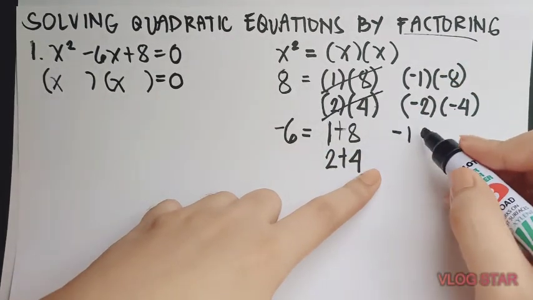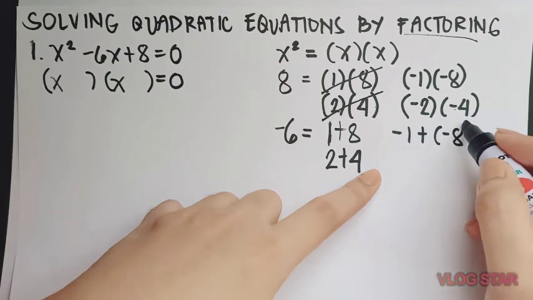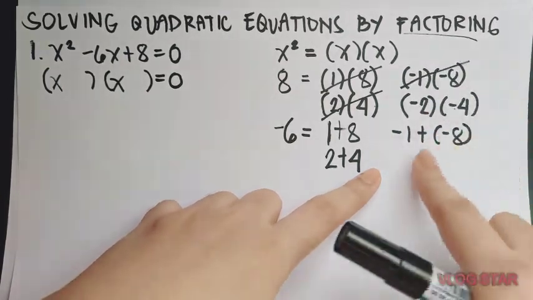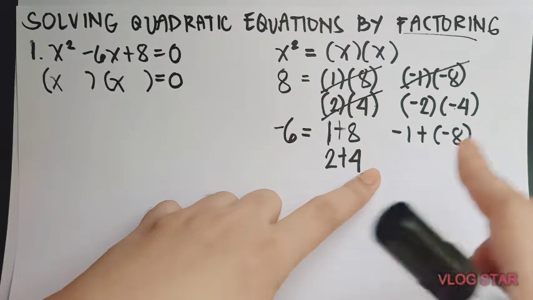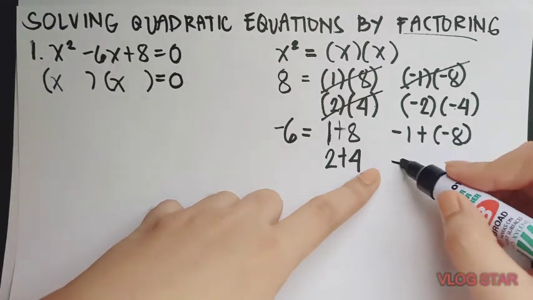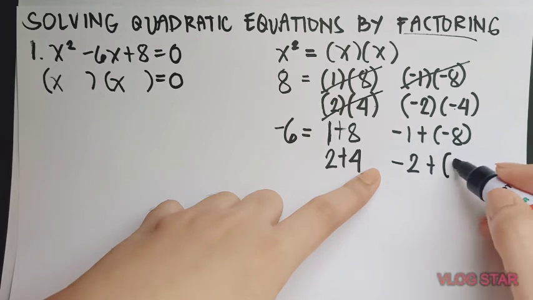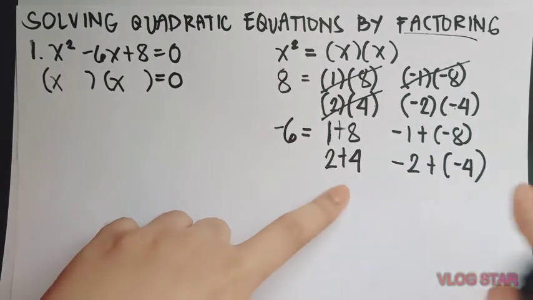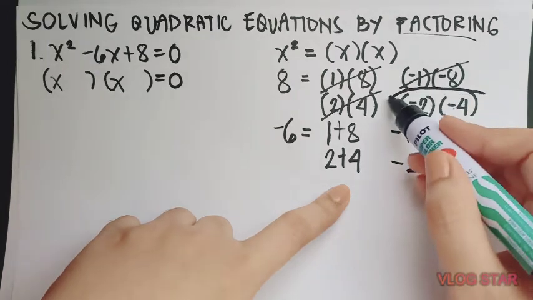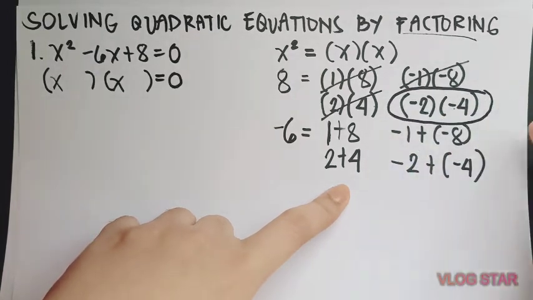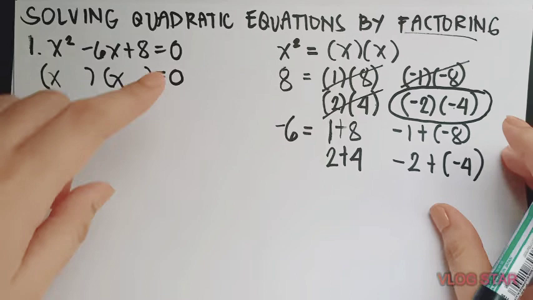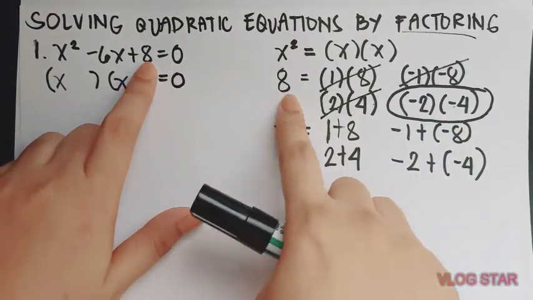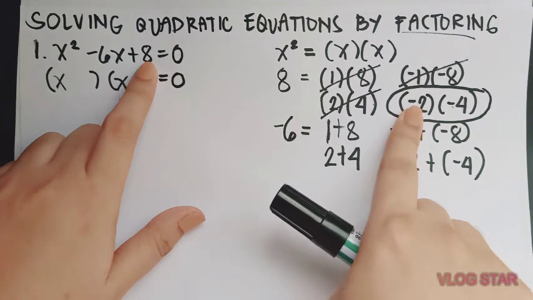What about negative 1 plus negative 8? This is also not equal to negative 6, because this is equal to negative 9. And the fourth factors: negative 2 plus negative 4 equals negative 6. Yes, so therefore these are the factors that we are looking for. So again, we took the third term, which is 8, and listed down all its factors.